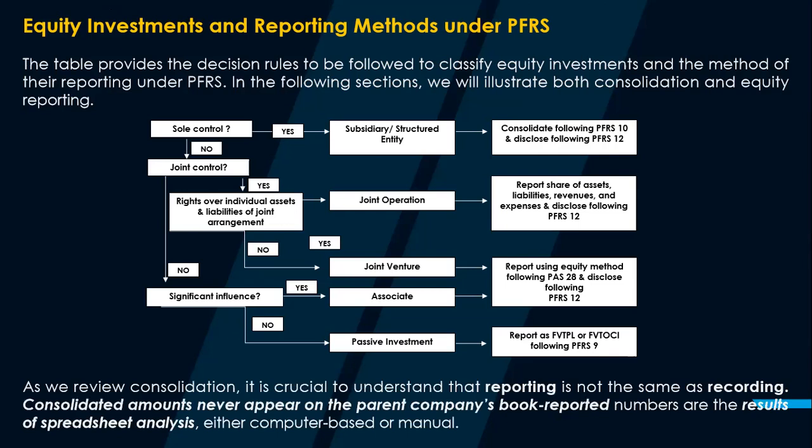As we review consolidation, it's crucial to understand that reporting is not the same as recording. Consolidated amounts never appear on the parent company's books. Reported numbers are the results of spreadsheet analysis, either computer-based or manual.